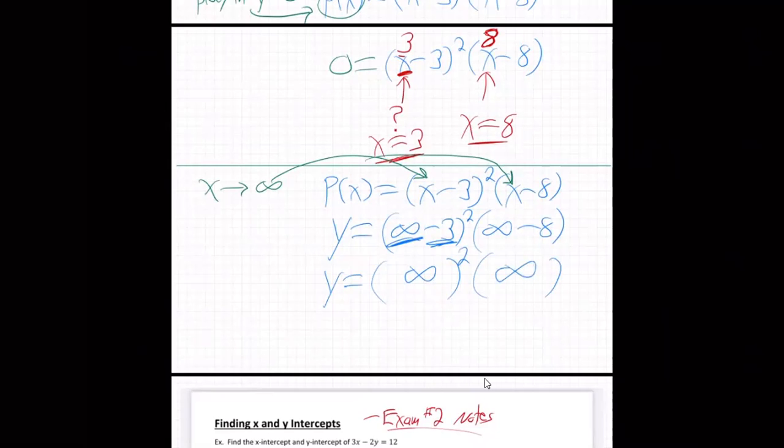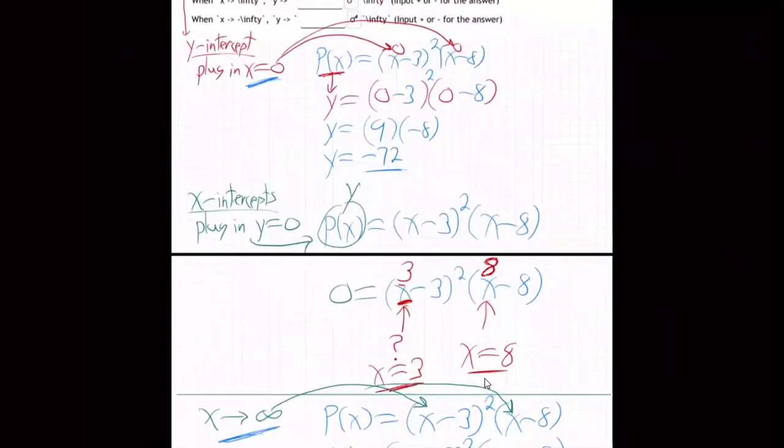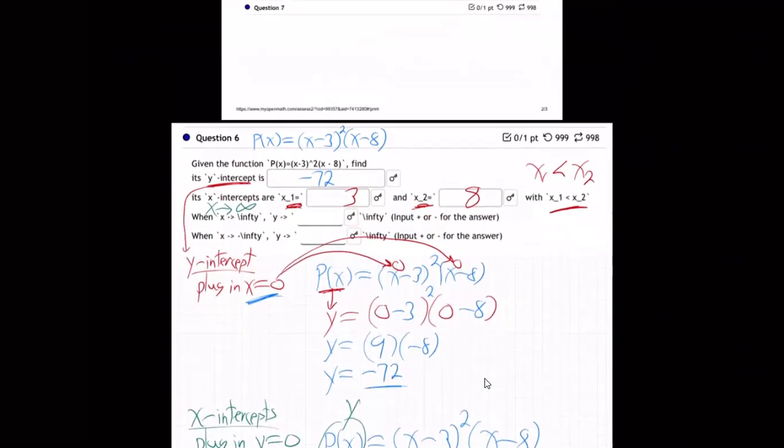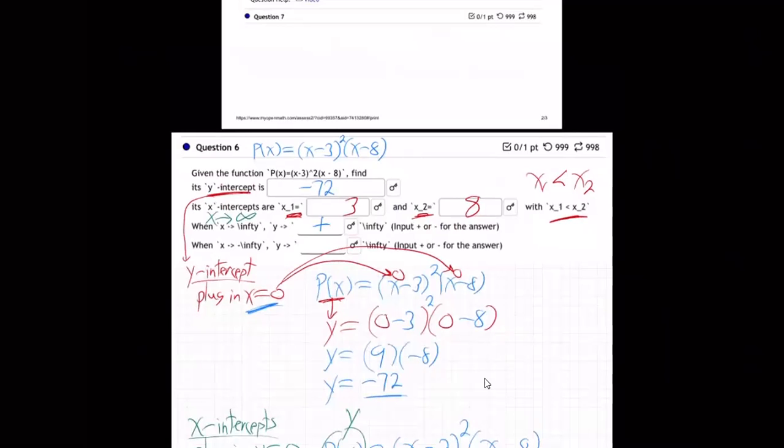If you take infinity minus any finite number, it's going to still be infinity. And what is infinity squared times infinity? Well, it's positive infinity. It's not negative, right? They're just all a bunch of infinities. So as X goes to infinity, Y is going to infinity with it. So over here, we would say Y goes to positive infinity. They just want plus or minus. So as X goes to infinity, Y is going to positive infinity also.